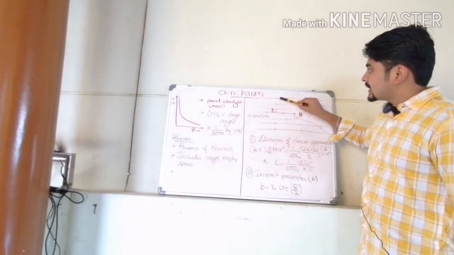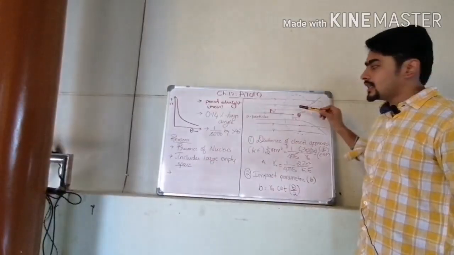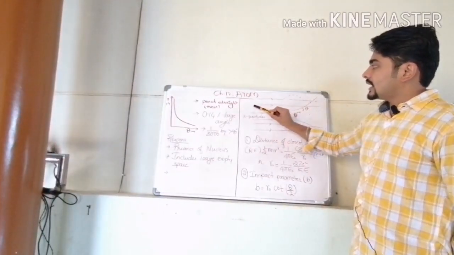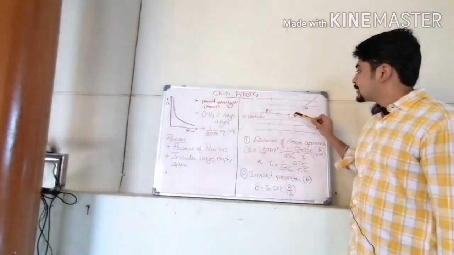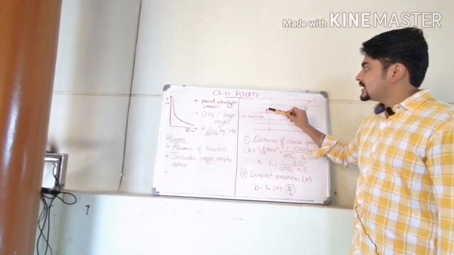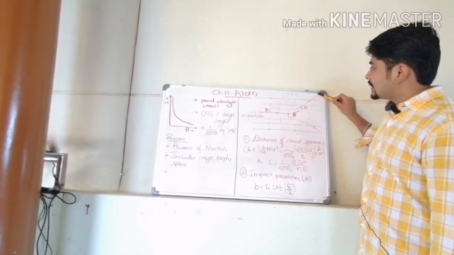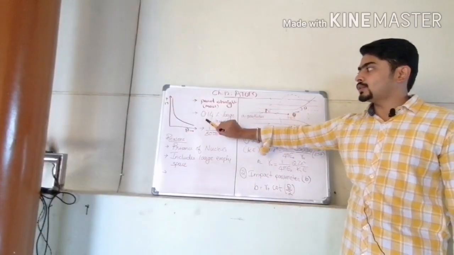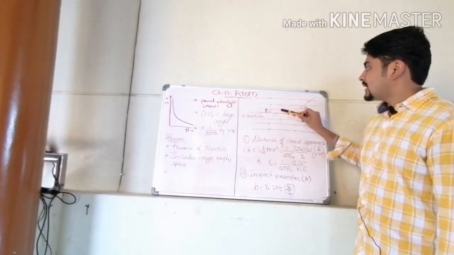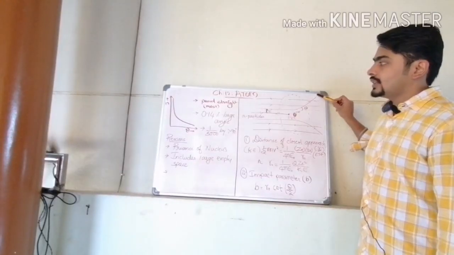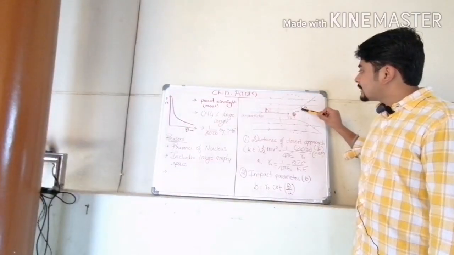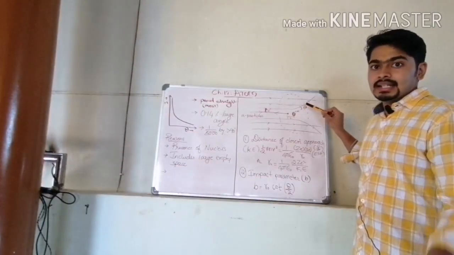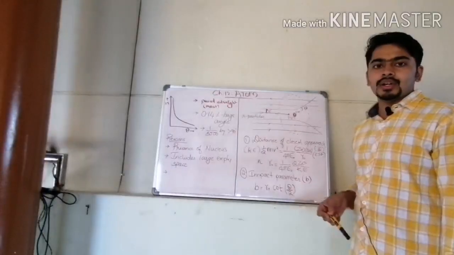The alpha particle just passes directly here. The next alpha particle which is a little bit nearer to the nucleus gets deviated by a large angle, that is 0.14% of alpha particles get deviated by a large angle, making some scattering angle, which we call theta.